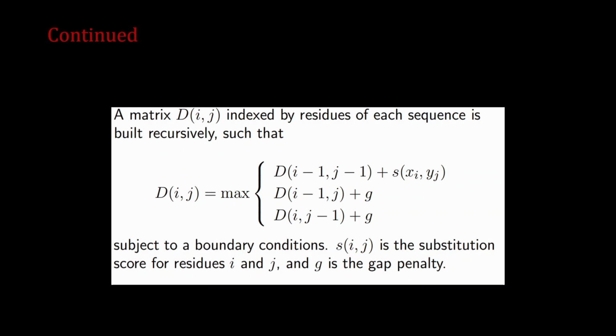It means we will take three values after calculation: from the diagonal, up and side. This is subject to the boundary condition, where s(i,j) is the substitution score of residues i and j, and G is the gap penalty. So here we have to calculate three values: from the side, diagonally and from up.